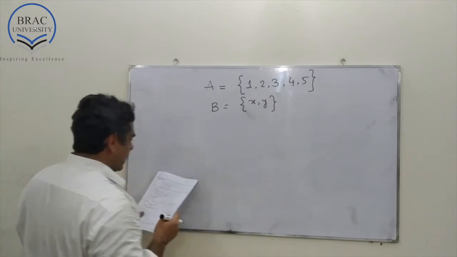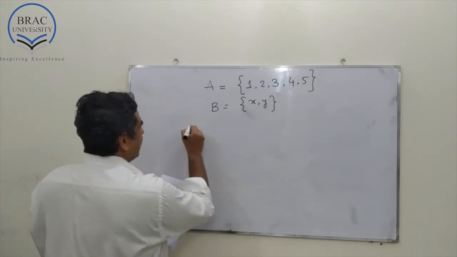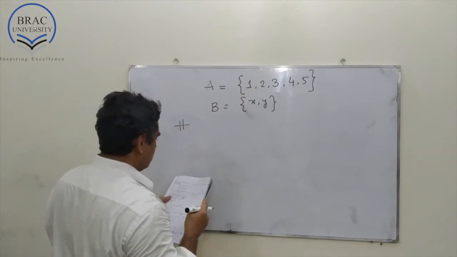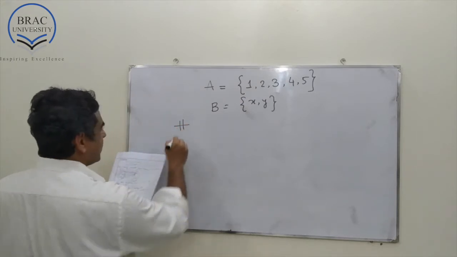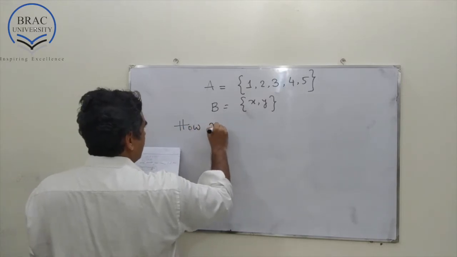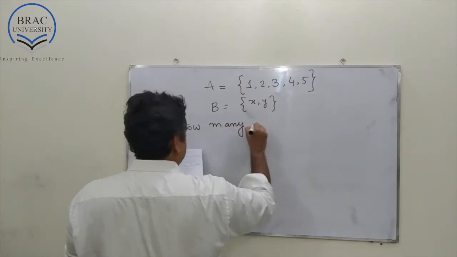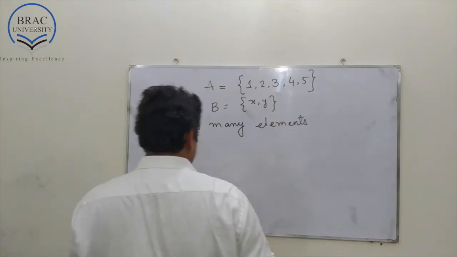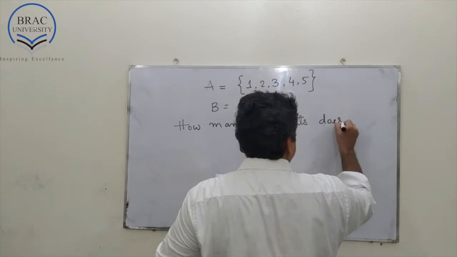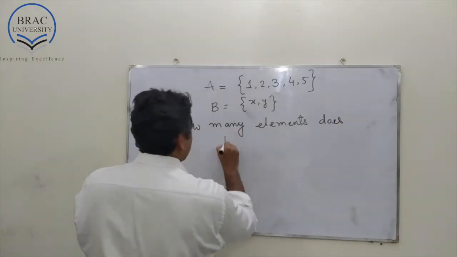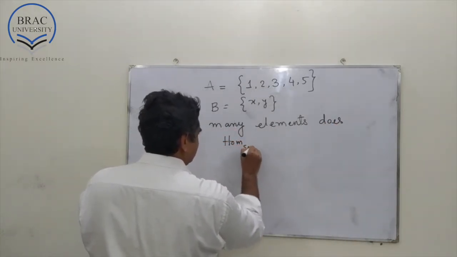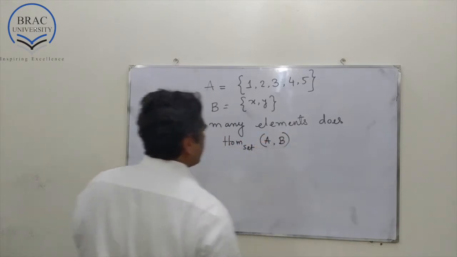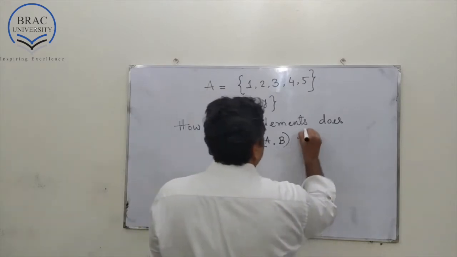Now we are asked to find how many elements does the set Hom(A, B) have.